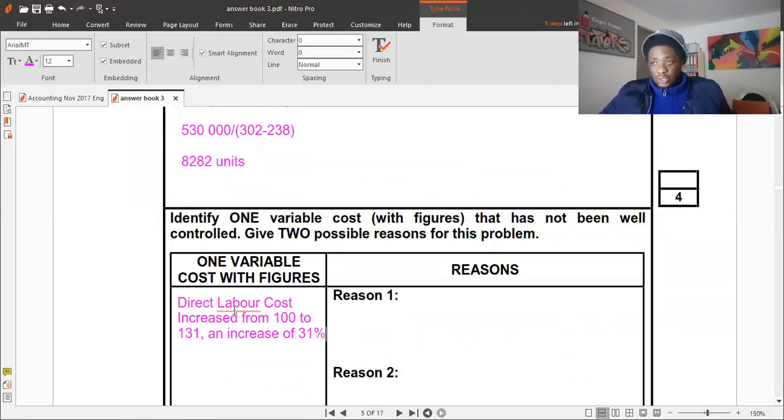So you put the variable in, the direct labor cost, and then you put the actual figures in. It increased from 100 to 131, which is an increase of 31%.